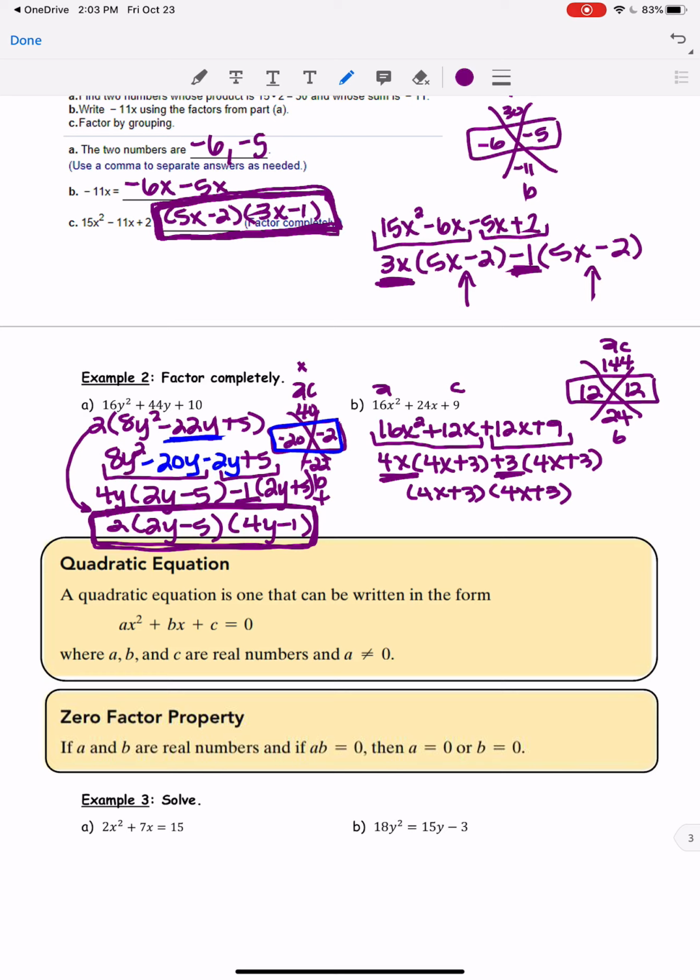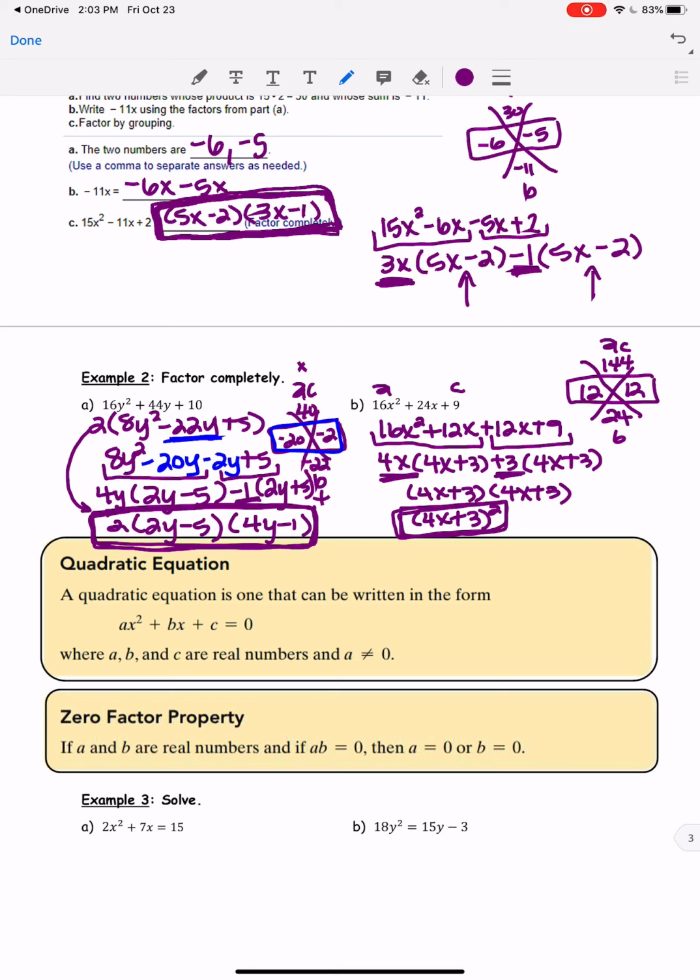Now what happens when this happens? Hopefully you remember from, what was that, homework 5? We're on 7 now. On homework 5, when this happens, you need to condense it. If you get the same binomials, this becomes 4x plus 3 quantity squared.